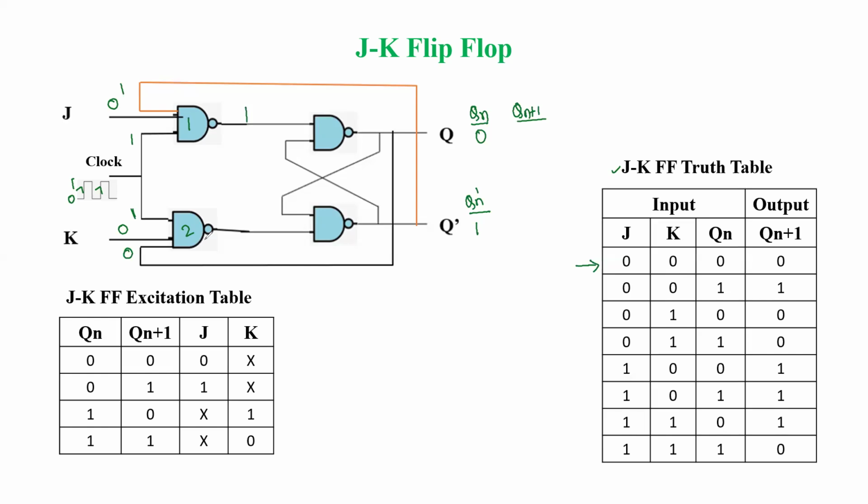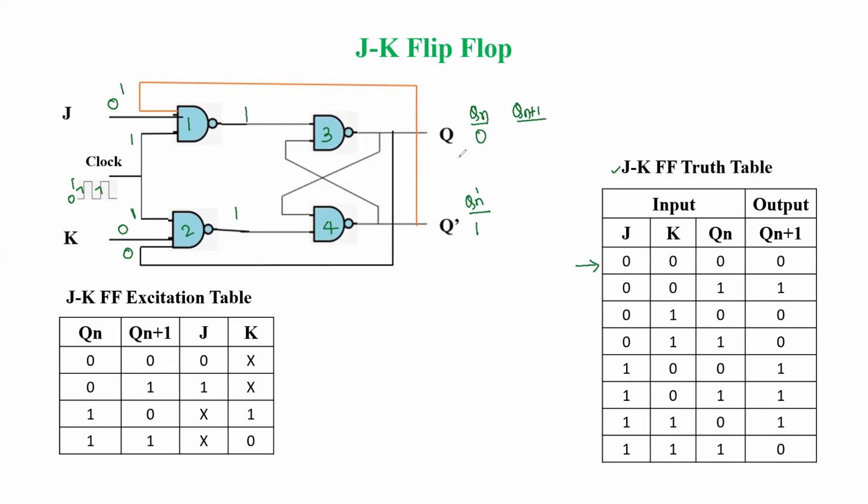Similarly, for NAND gate 2, if at least one input is 0 then the output is 1. Here we already have two inputs as 0, so we are sure that the output of NAND gate 2 is going to be 1. Now we'll talk about the behavior of this latch, which is a combination of NAND gate 3 and 4.